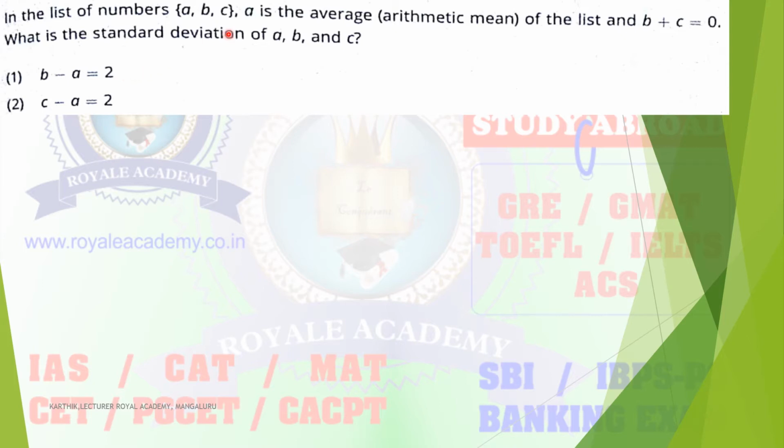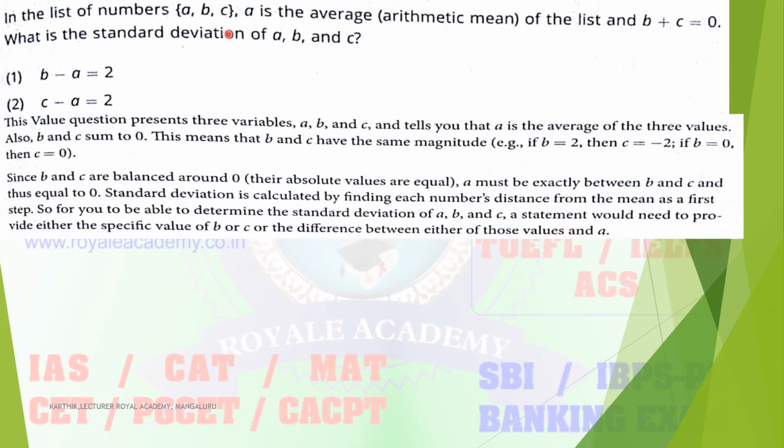The options are like this: statement 1 alone can answer the question, statement 2 alone can answer the question, both statements together can answer the question, each statement alone can answer the question, or none of the above. Okay, so we'll see how to determine this. Here it is given that A is the arithmetic mean, and B plus C is equal to 0.